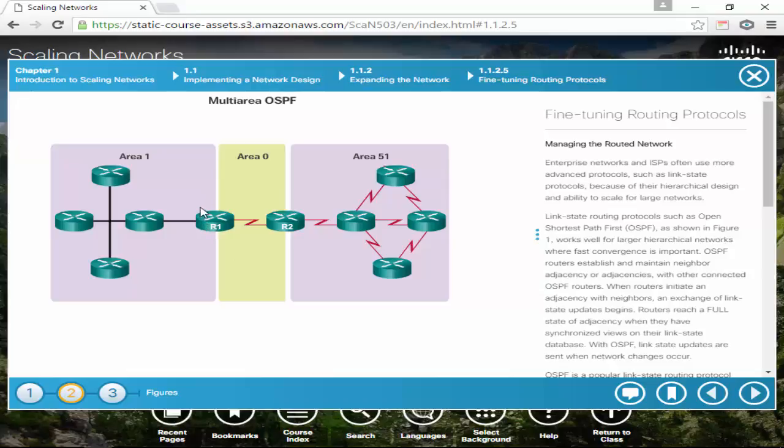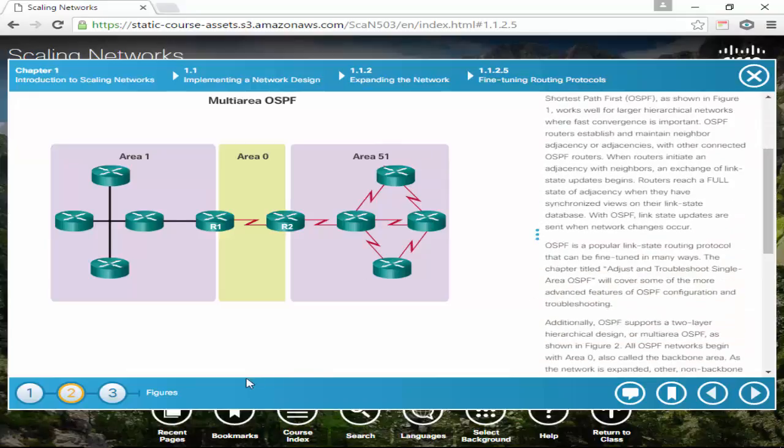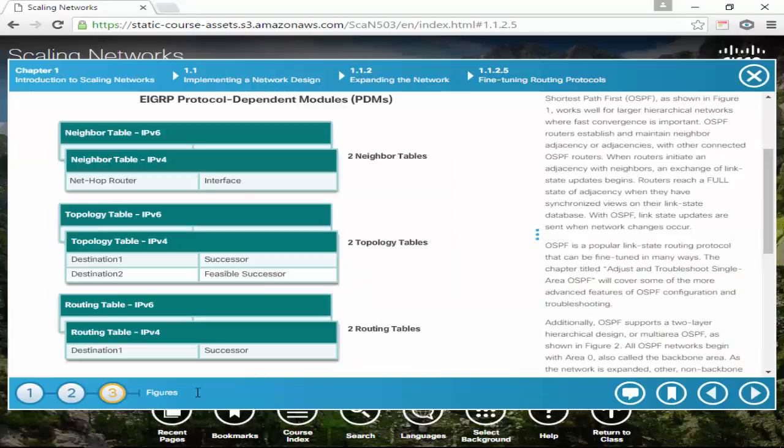So this area will just be fed as one route to this network, or maybe we just put a default route this direction where these core routers know where everyone's at, and so when they get the traffic they send it to the right direction, and that is multi-area OSPF.